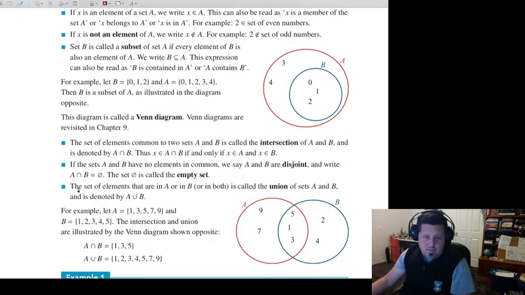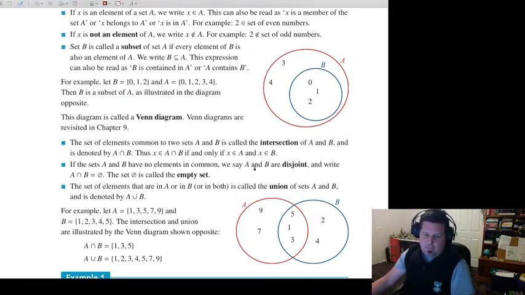The last thing we have to talk about is the set of elements that are in A or in B or in both, and that is called the union of sets A and B. It is denoted by A, the union symbol, B. I remember the union symbol because it looks like a U. The one that's upside down is the intersection.